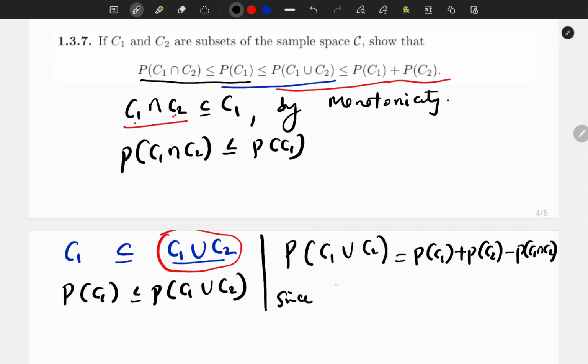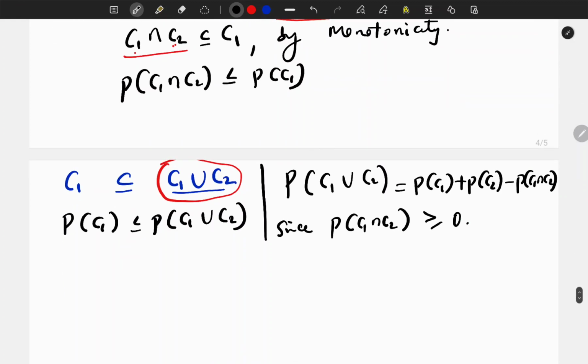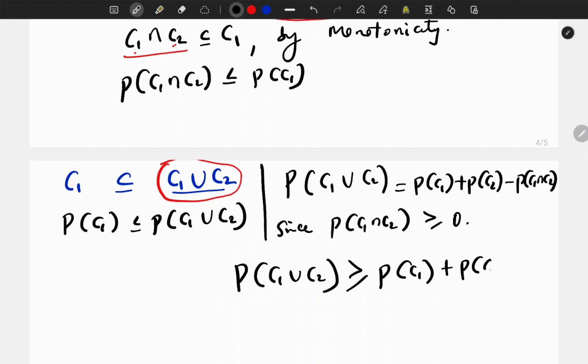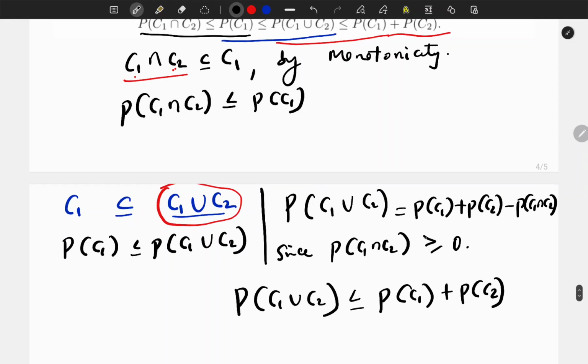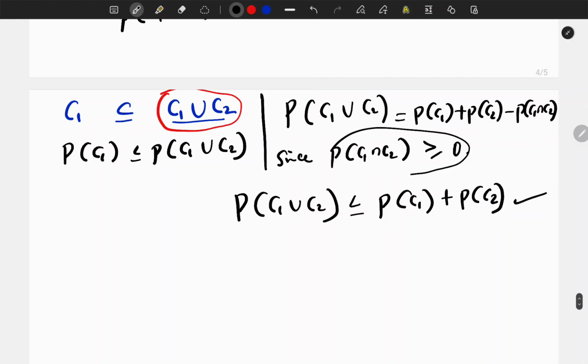Since we know the probability of C1 intersection C2 must always be greater than or equal to 0, that's part of the properties of probability, the probability of C1 union C2 will be less than or equal to the probability of C1 plus the probability of C2, because some element that is greater than 0 is being subtracted from this portion. So this inequality holds. We combine everything together, and then we are done with the proof. Then we move to the next question.